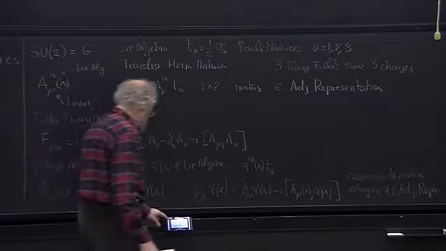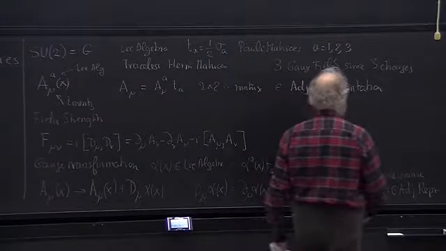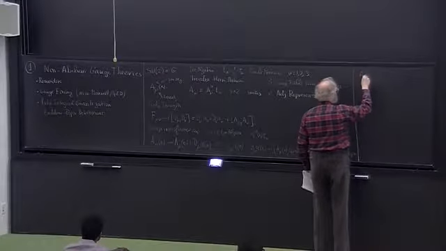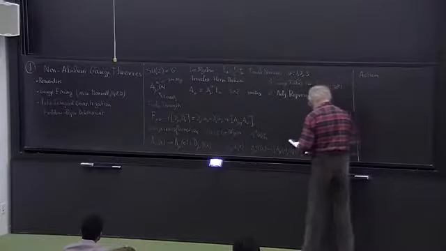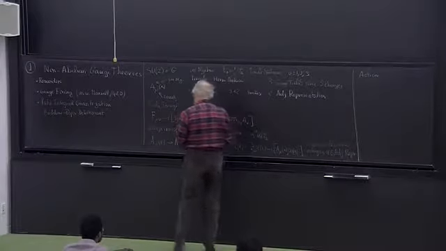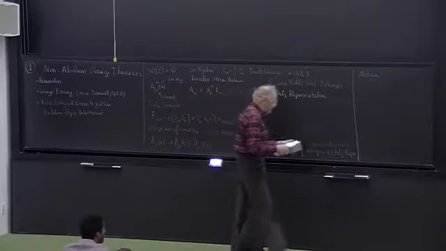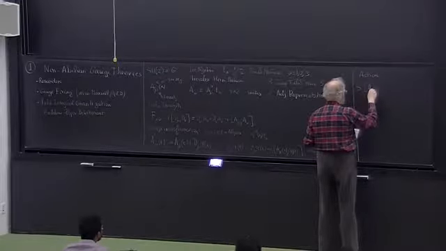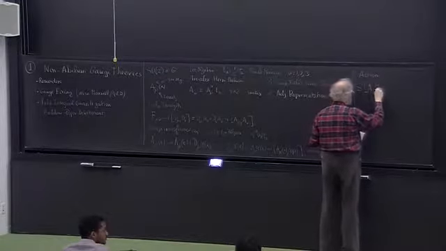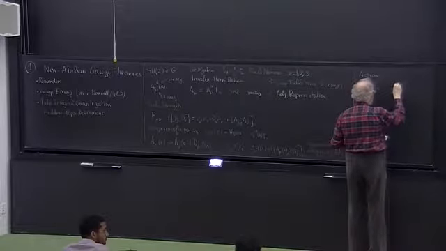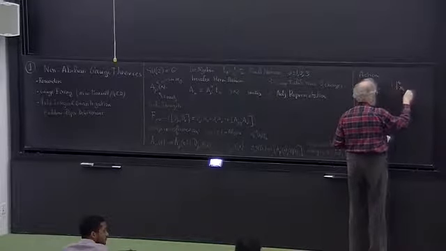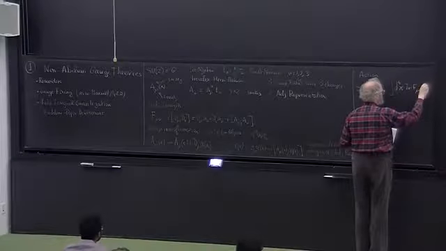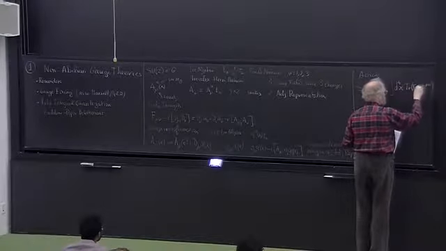And we have seen that the action of the classical field is just taken to be the action associated to a field configuration A. It's just basically the integral over space-time of the trace of F_mu nu squared.